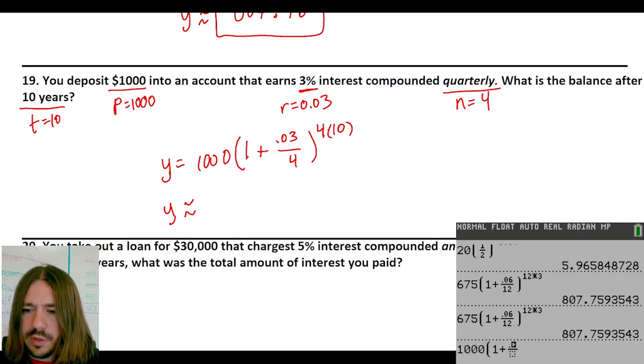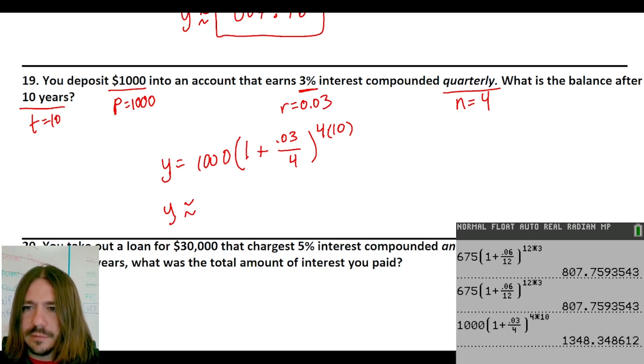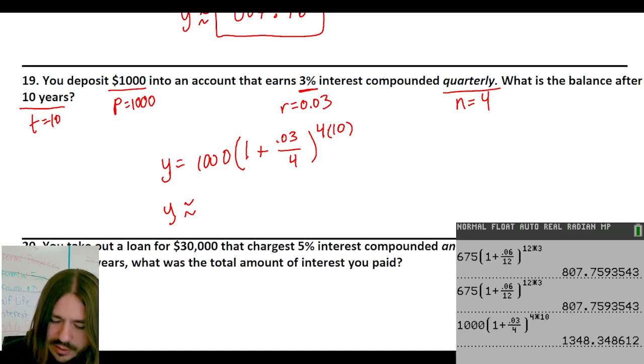So 1 plus 0.03, all divided by 4, to the power of 4 times 10. Okay, there you go. We get $1,348, and we'll round up to 35 cents.